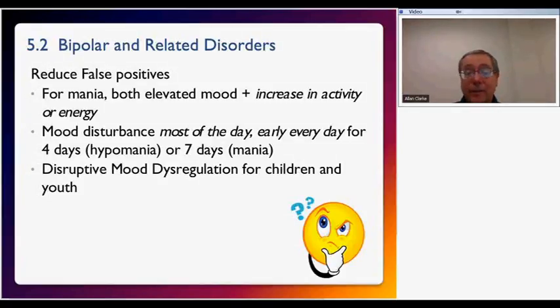Often those go together, so that's not a big deal, but there needed to be some other objective, observable information there. Also, the mood disturbance part now needs to be most of the day. That should read nearly every day.